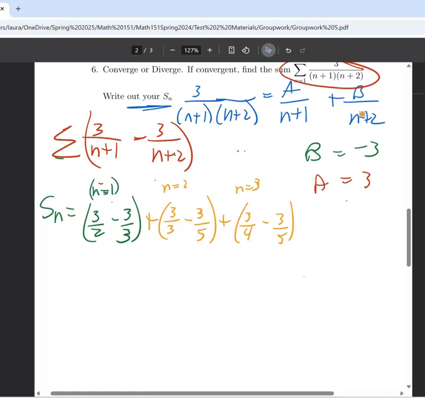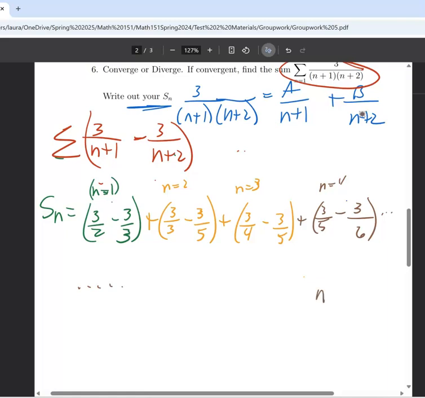And then we've got this major dot, dot, dot land, right? Maybe I'll just write one more, because I want to make sure you really see the canceling pattern. N equal 4, 3 over 5 minus 3 over 6, dot, dot, dot.